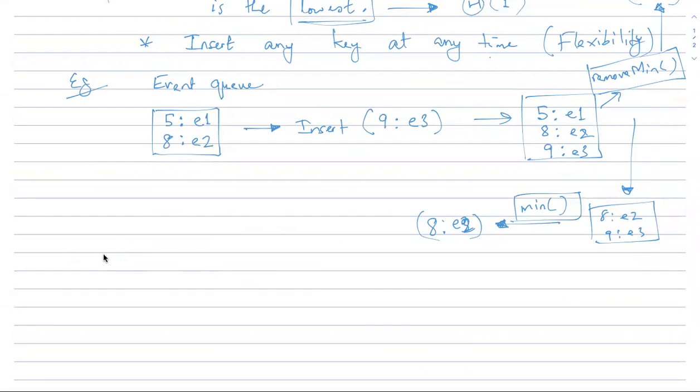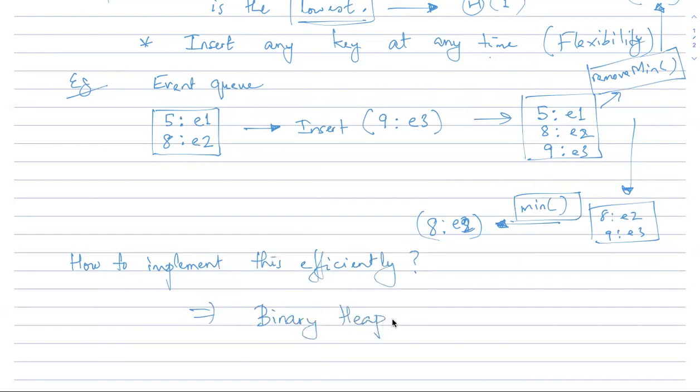So now the $1 million question here is how to implement this behavior efficiently. And the answer is binary heap, which is essentially an implementation of a priority queue.